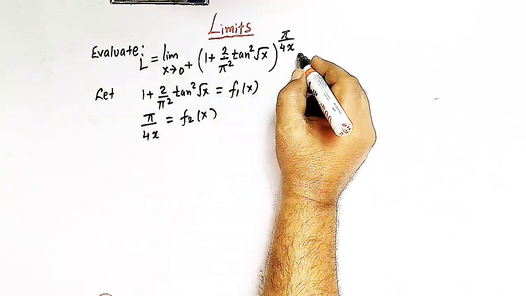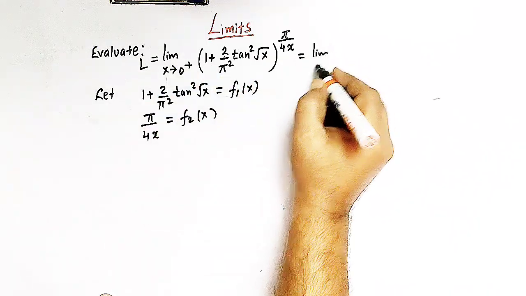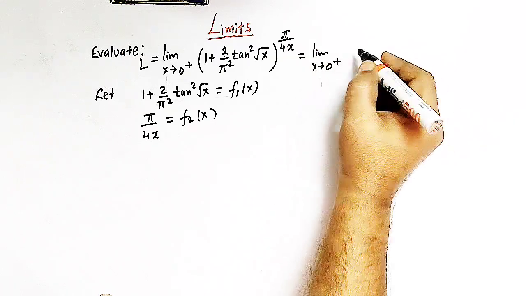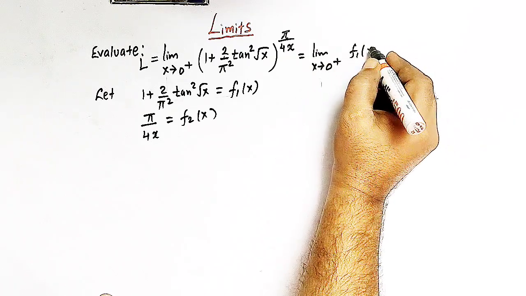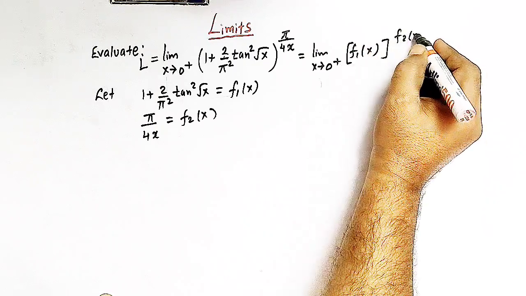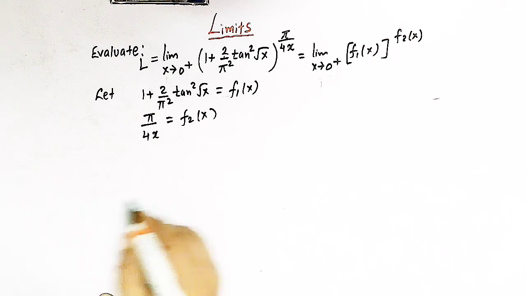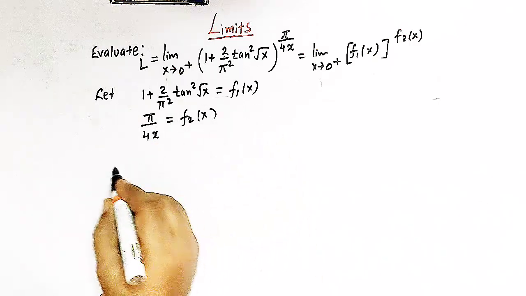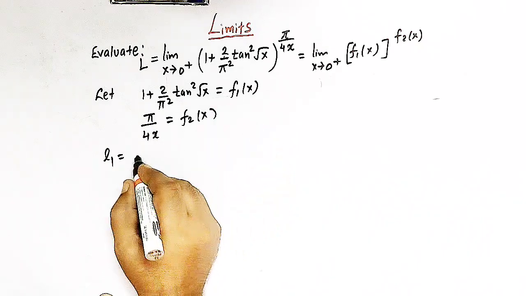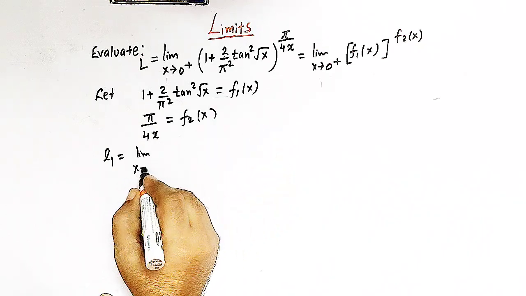So now this limit takes the form limit x tends to 0 positive, f1(x) raised to f2(x), right?